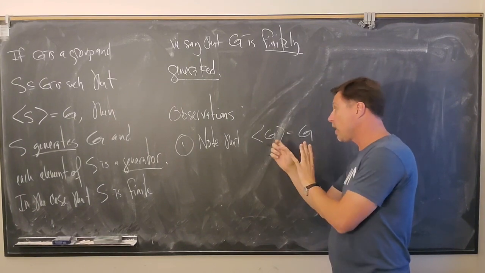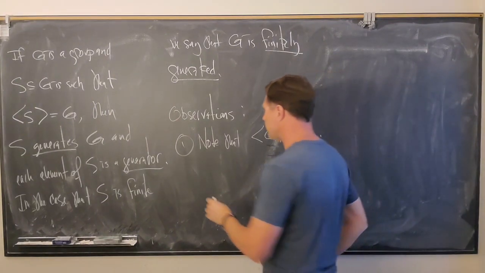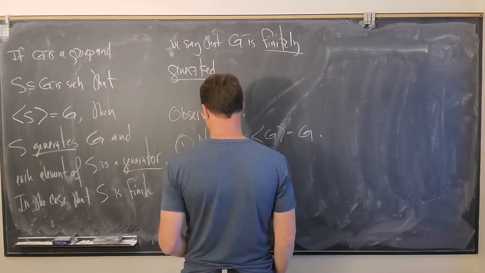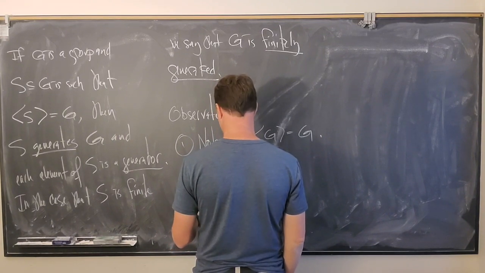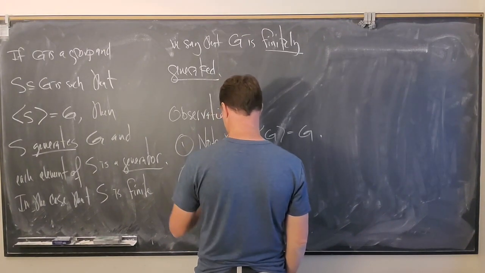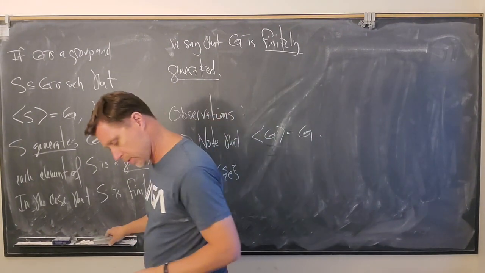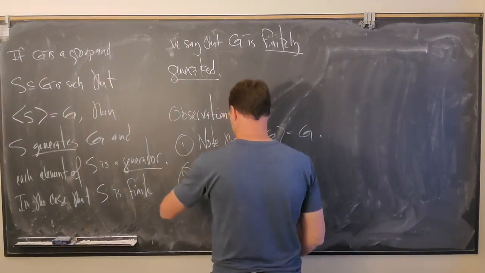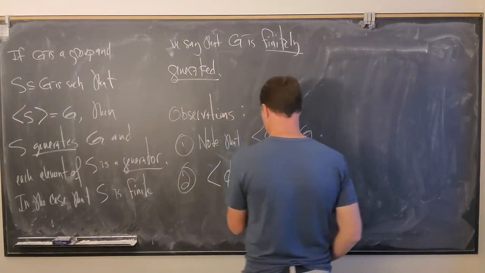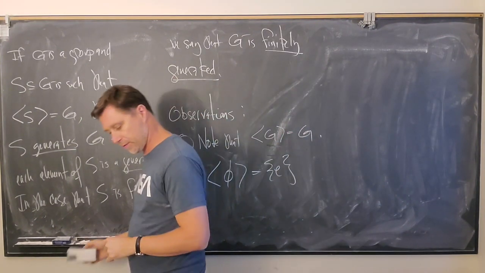But it is true that the subgroup generated by G is equal to G. Also, the subgroup generated by the empty set is equal to the trivial group. All right, so there's a couple of facts.